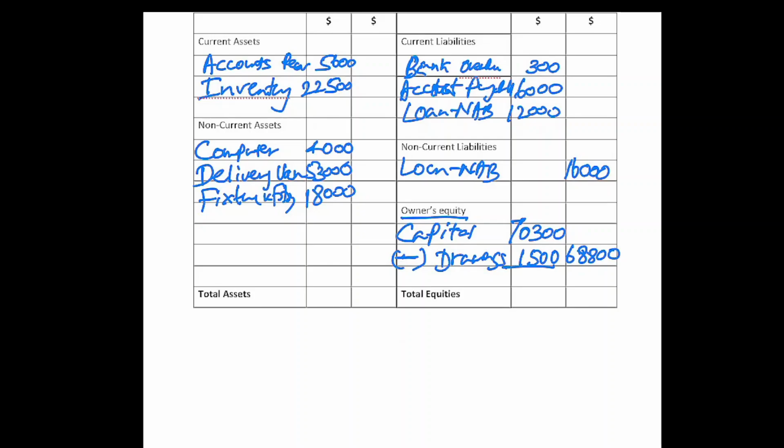However, we can do this one as well. If you don't want to do this one, we can do like this as well. You can say plus capital contribution. Capital contribution. How much? 4,000. Then minus sign drawings, 1,500. However, final answer will be 68,800.